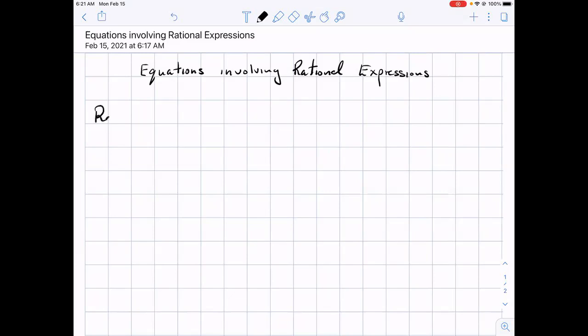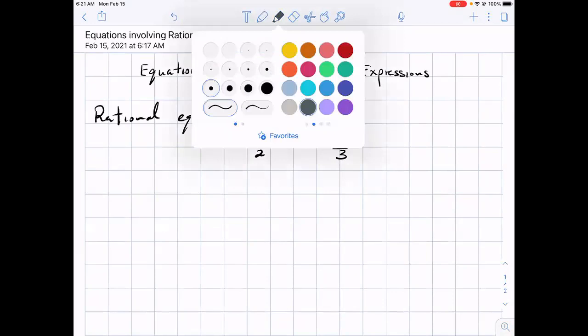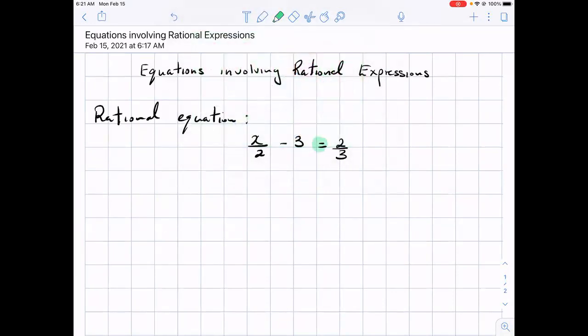So rational equation, we can have x over 2 minus 3 is equal to 2 over 3. This is an example of a rational equation. Notice now, because we have this equal sign here, that makes it an equation.